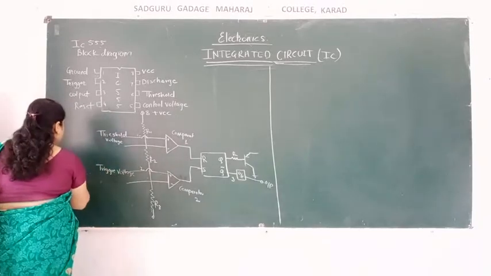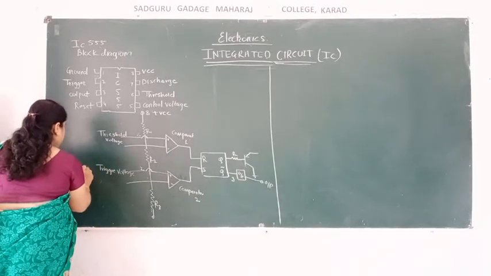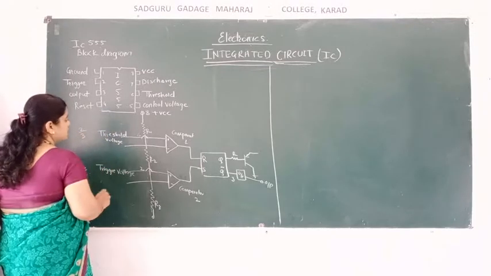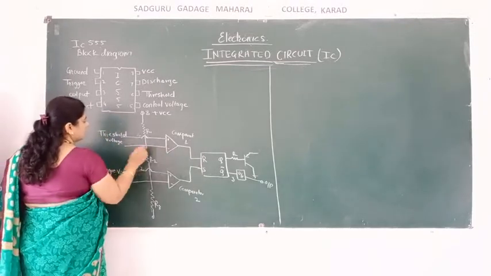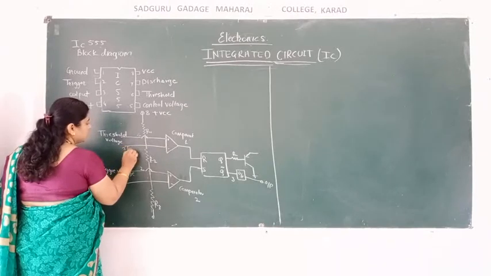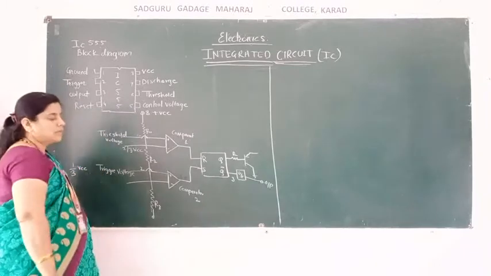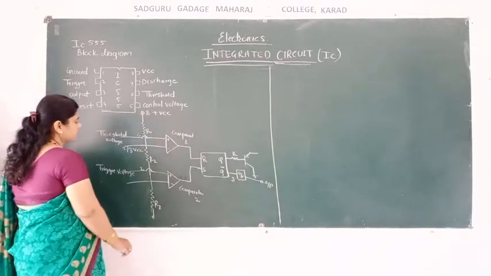The reference levels are 1/3 of VCC and 2/3 of VCC. The threshold comparator's non-inverting terminal has 2/3 VCC, and the trigger comparator's positive terminal has 1/3 VCC.